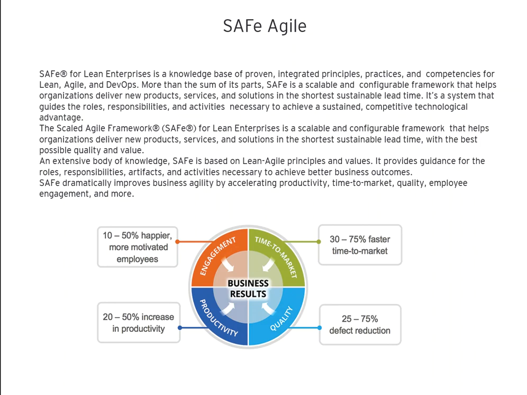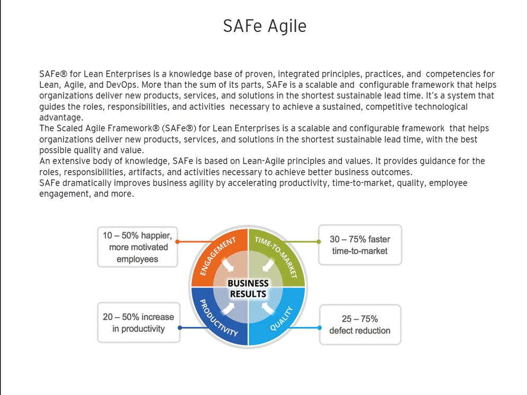SAFe for Lean Enterprise is a knowledge base of proven integrated principles, practices, and competencies for lean, agile, and DevOps. More than the sum of its parts, SAFe is a scalable and configurable framework that helps organizations develop new products, services, and solutions in the shortest sustainable lead time.